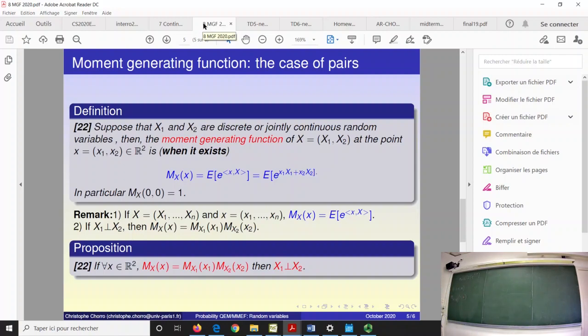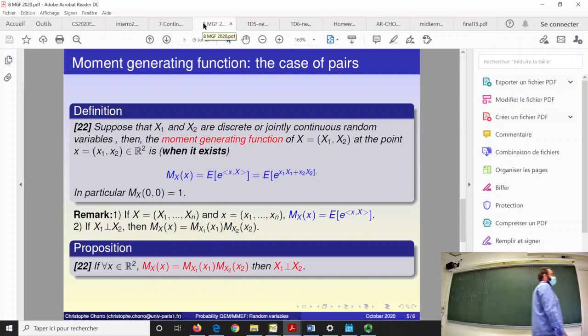And what is this one? In fact, this is the expectation of the exponential of t x1 plus s x2.